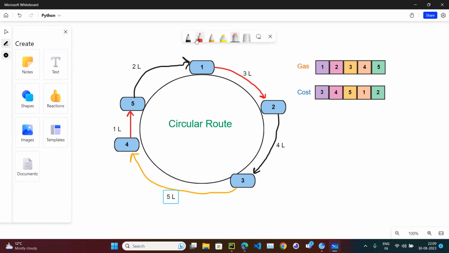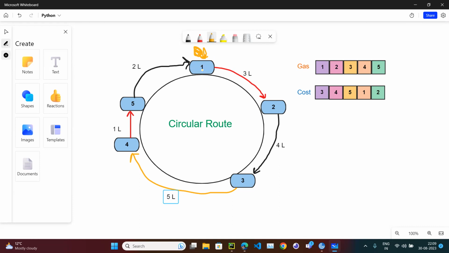Okay, so let's start from the first index, where the gas station has one. Let's suppose our car is here, at this index where I highlighted. Our car has an unlimited tank, and initially the tank is empty, that is zero gas. So we place our car here.